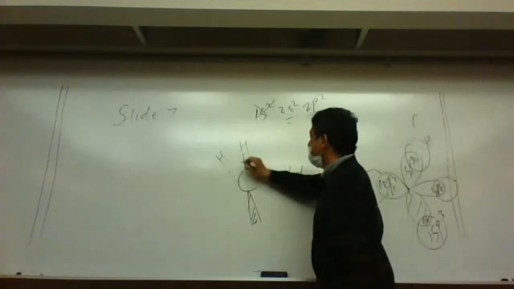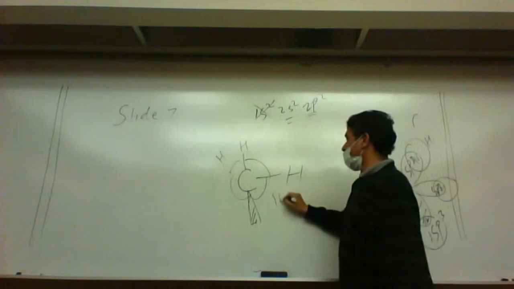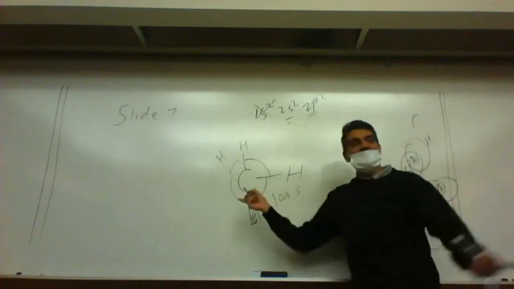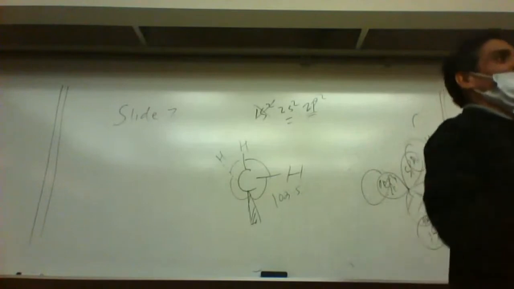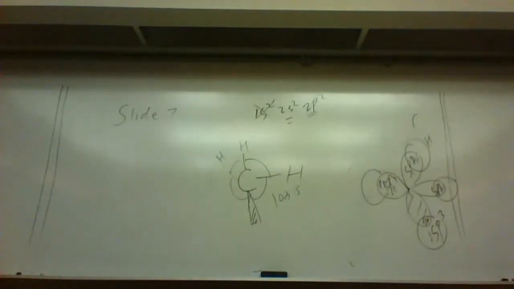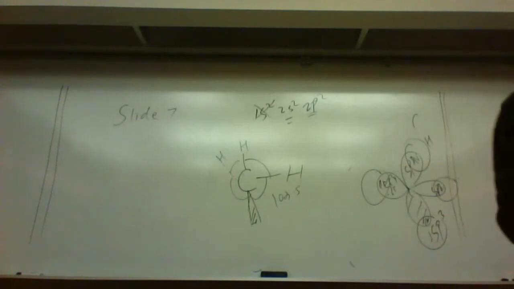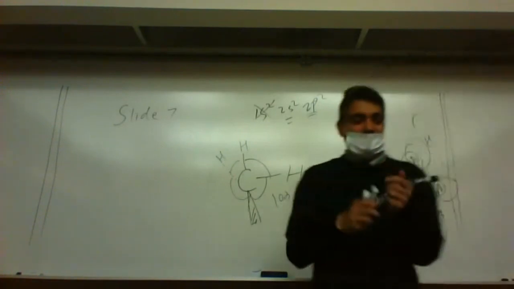And if you look at the bond angle, 109.5, 109.5, 109.5. How did we get the 109.5? Because they hybridize and give an sp3 hybrid orbital, and sp3 hybrid orbitals have a 109.5 degree bond angle between them. Make sense? Like this. If they didn't hybridize, the orbitals would look like this.